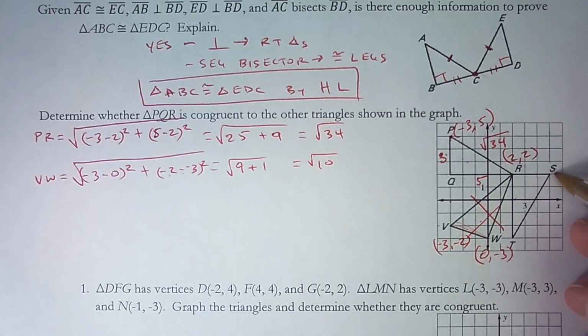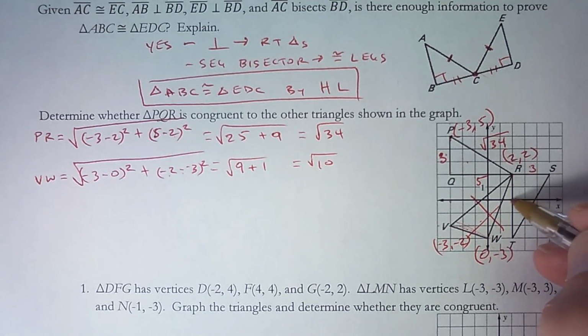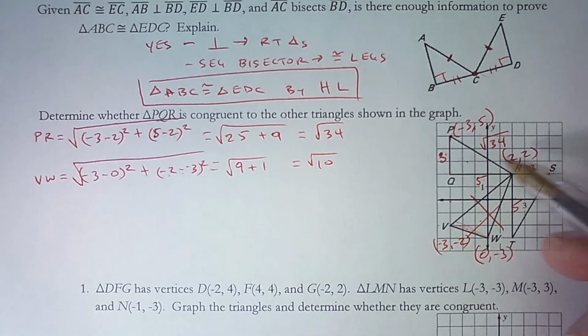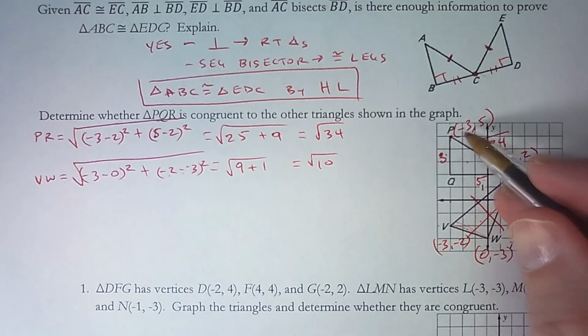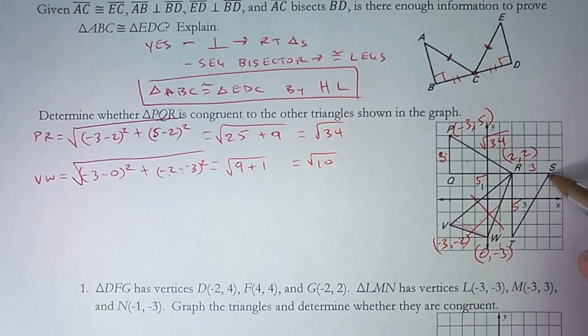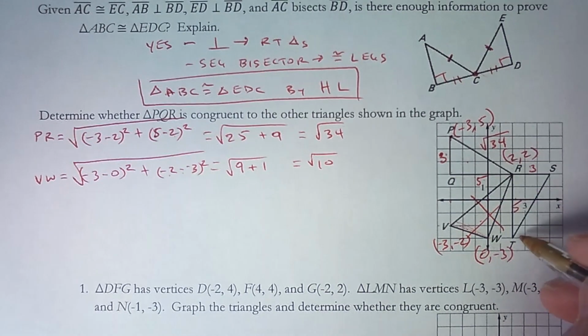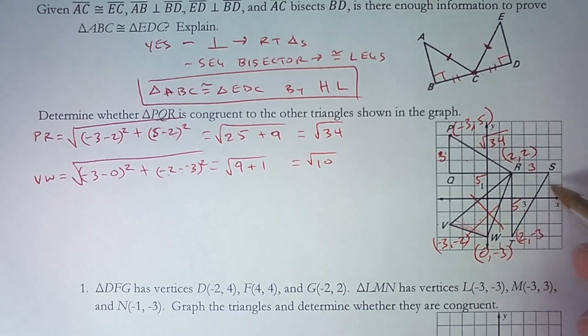So RS I can count. It's 1, 2, 3. RT, 1, 2, 3, 4, 5. Okay, so 2 of those sides match. 3 and 5 match. If this third side matches, the square root of 34, then I'll know that these two triangles are congruent. But it's diagonal, so I can't just count it, so I have to use distance formula again. So T is at 2, -3. S is at 1, 2, 3, 4, 5, 2.